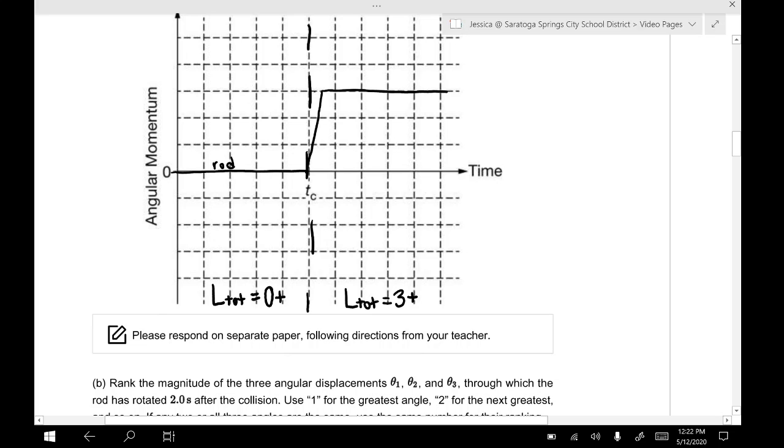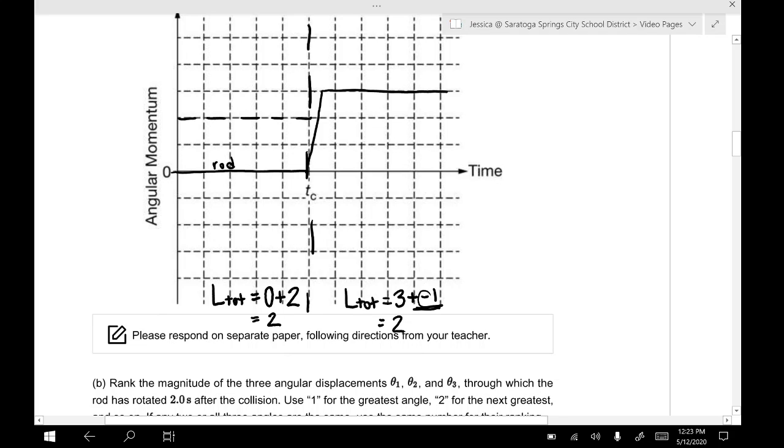Okay, so when I draw the angular momentum from the puck, I want to make sure that I'm able to conserve momentum. So what I might do is make the puck have an angular momentum of 2 initially, and that's a dashed line. Now, in order for my angular momentum to be 2 afterwards, this value here has to be a -1.